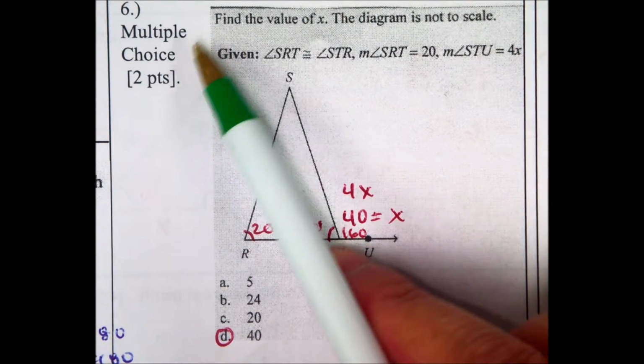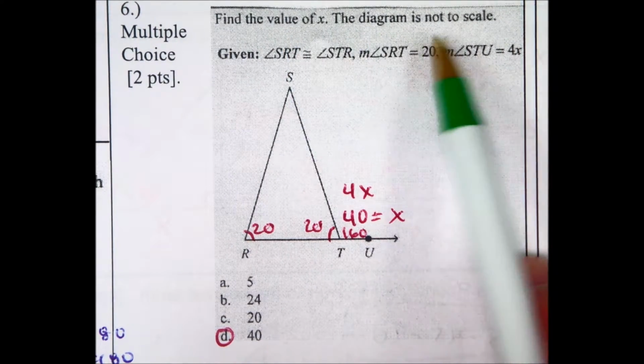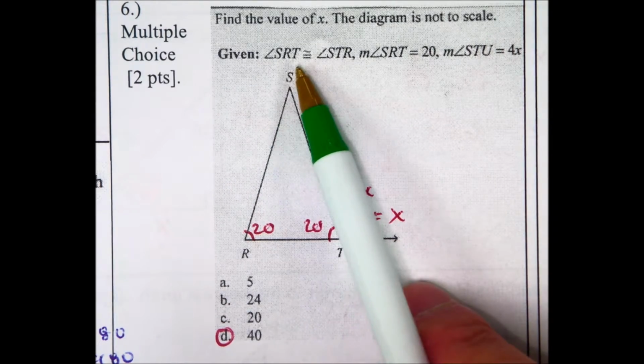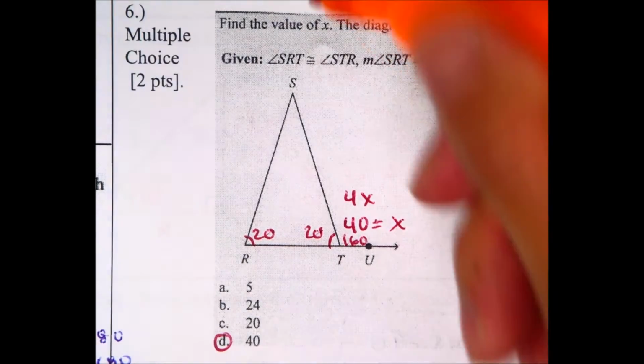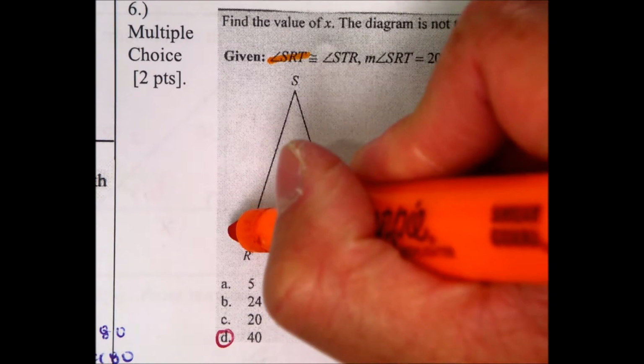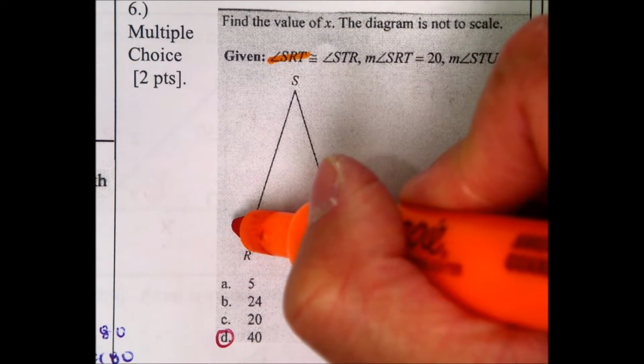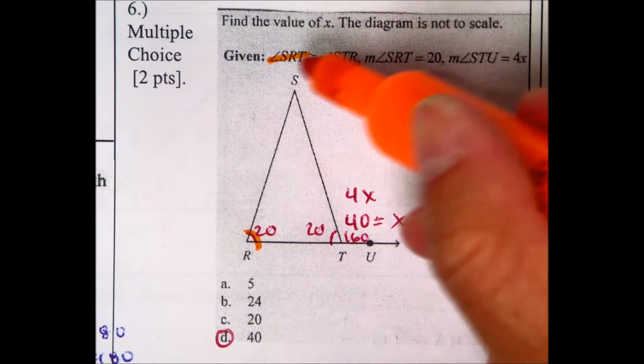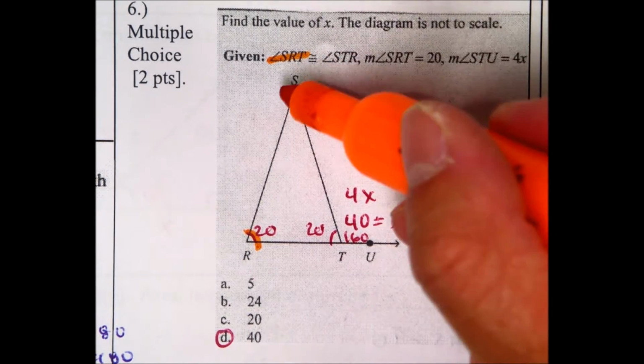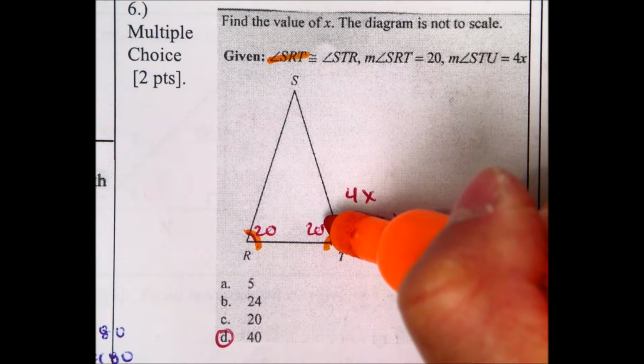Question number 6, multiple choice. Find the value of x. The diagram is not drawn to scale. Given angle SRT, the most important letter is this middle letter, is congruent to angle STR. These are the same.